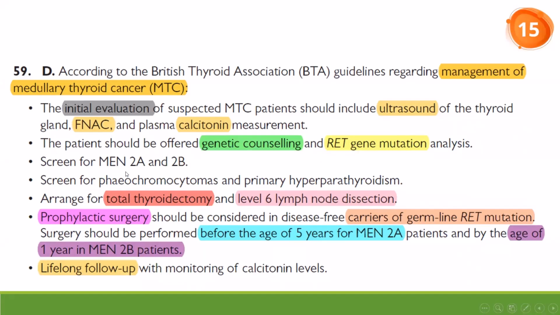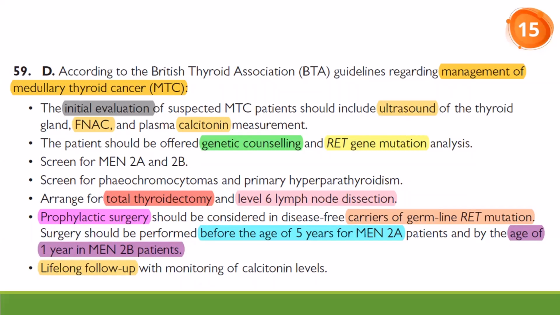We should screen for MEN 2A and 2B by checking calcium and parathyroid hormone for primary hyperparathyroidism, and 24-hour urine metanephrines for pheochromocytoma, and the treatment is total thyroidectomy and level 6 lymph node dissection. Prophylactic surgery for a disease-free carrier of germline RET mutation before the age of 5 in MEN 2A, and at the age of 1 year if MEN 2B gene carrier.